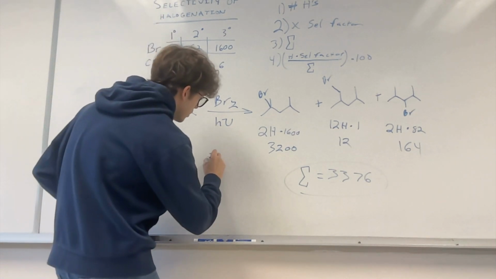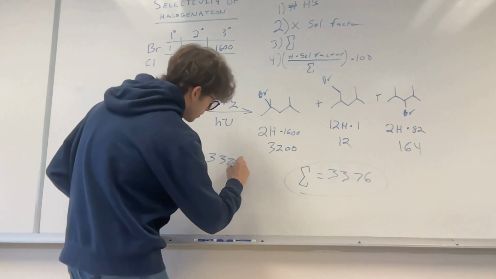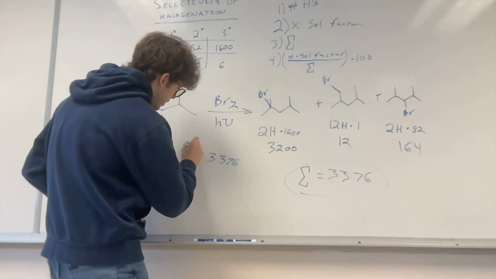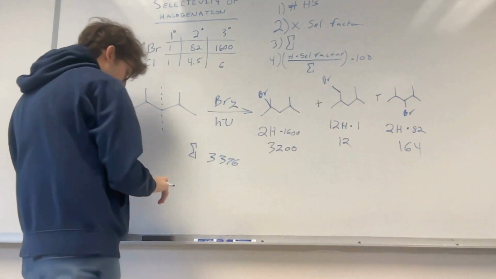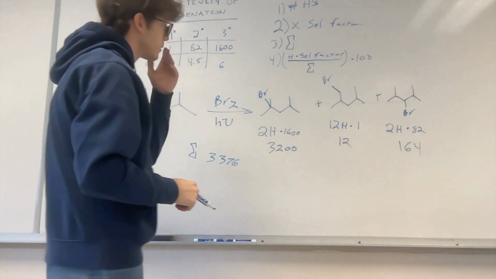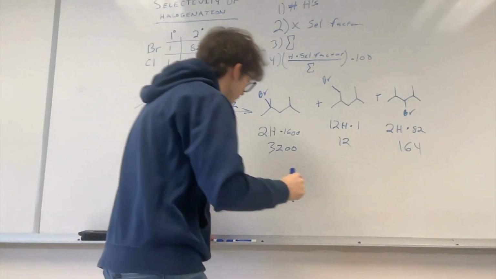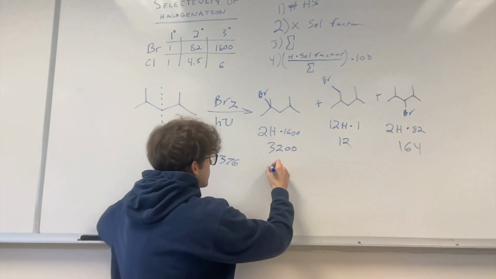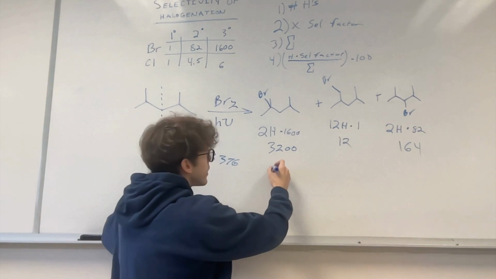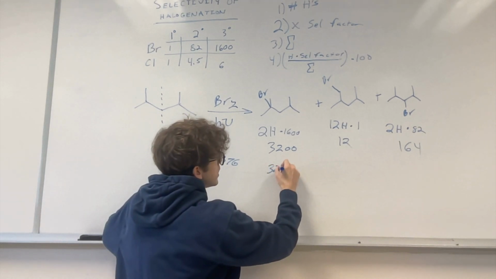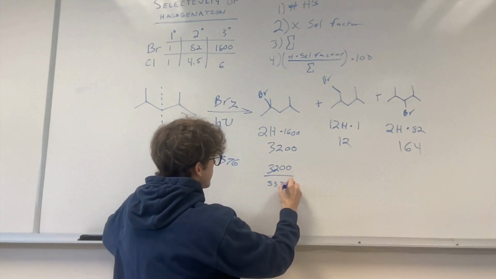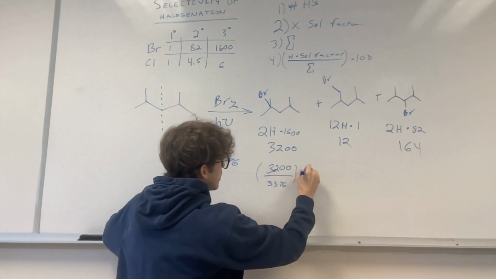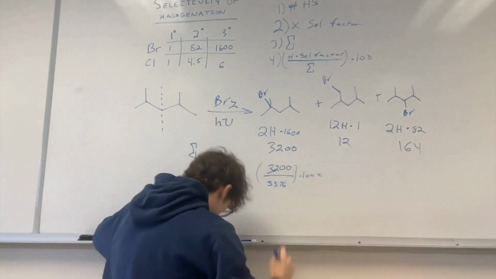I'm going to draw our sum over here instead to make some room. And we're going to go here. So for the tertiary monohalogenation product, that's 3,200 over 3,376 times 100.